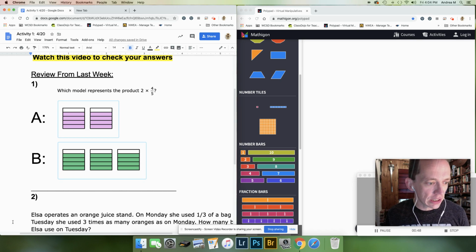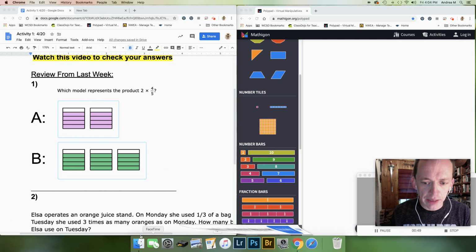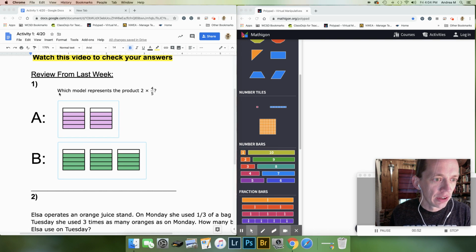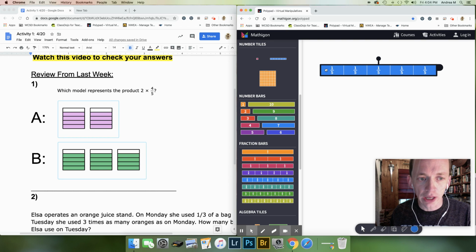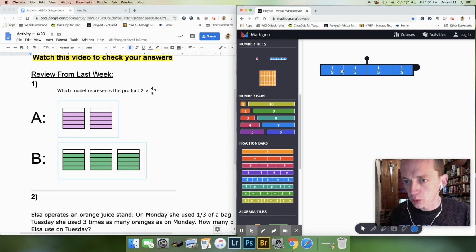So let's take a look over here. I am seeing that we have: which model is best representing 2 times 4/5? That's showing us one model here, but then there is this model right here as well. If we think about 4/5, this is 1, 2, 3, 4/5, and what we're asking is that we want that 2 times.